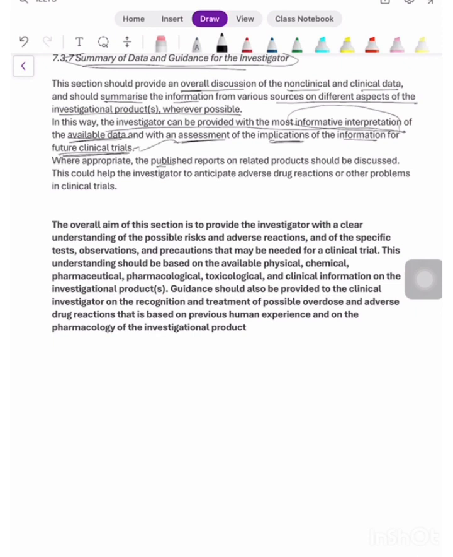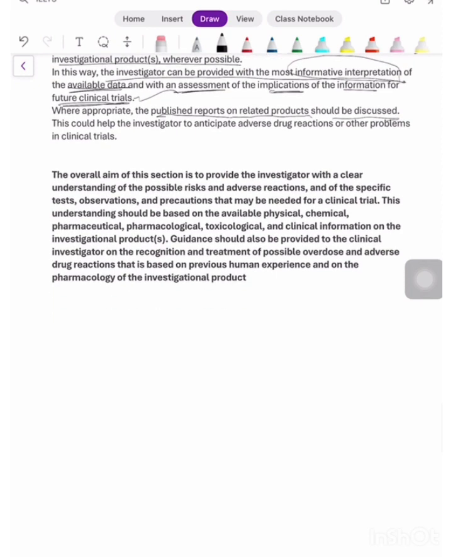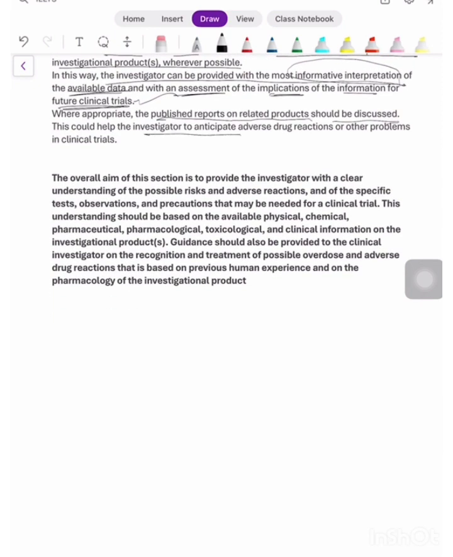Where appropriate, the published reports on related products should be discussed, if there are any published reports. This could help the investigator to anticipate.